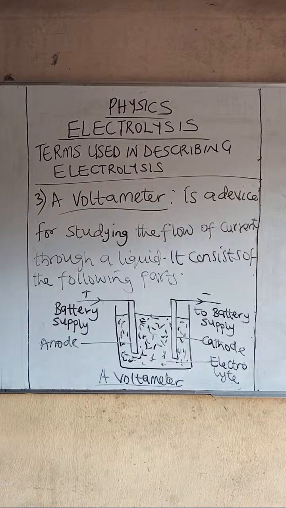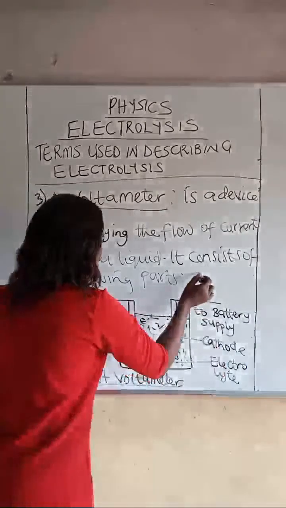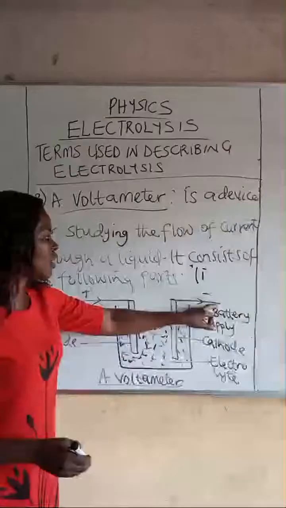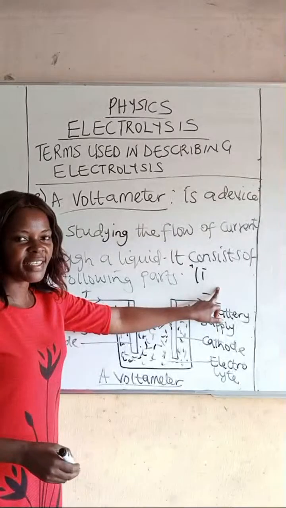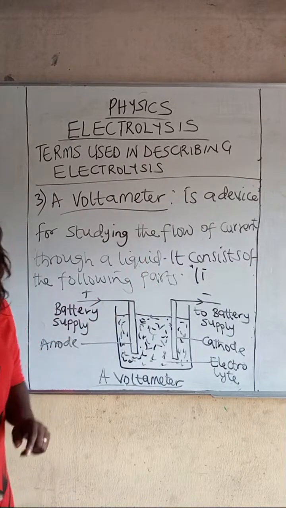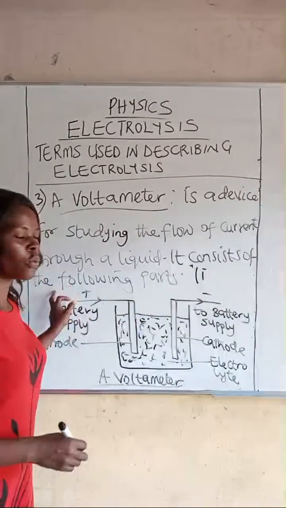The symbol for a cell or a battery is like this. This one is positive. This is connected to what? Negative. Why this anode is connected to what? Positive. Do we understand? So negative is to negative and positive is to what? Positive.